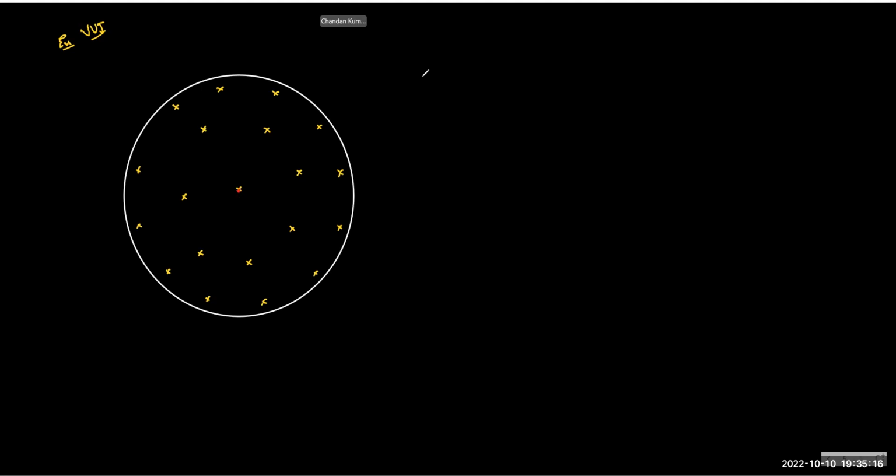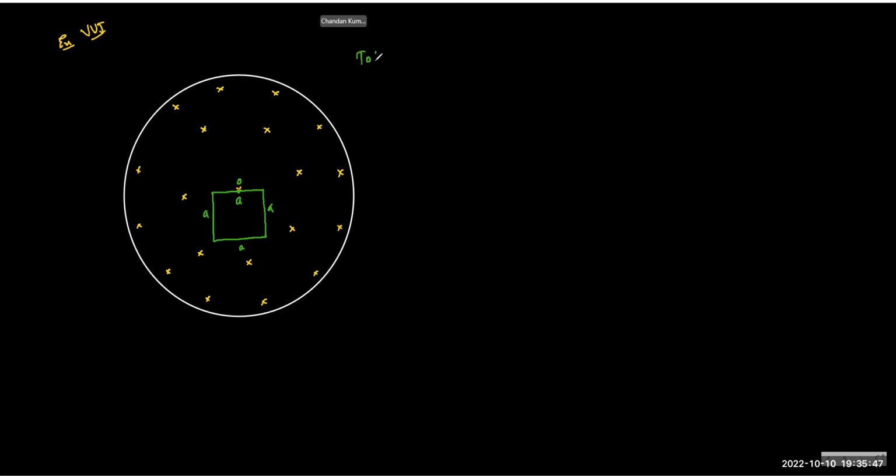This is the center. The circuit is a square loop, and the center is at the center of one side of the loop. The center of the side of the square loop is also the center. The side length is A.